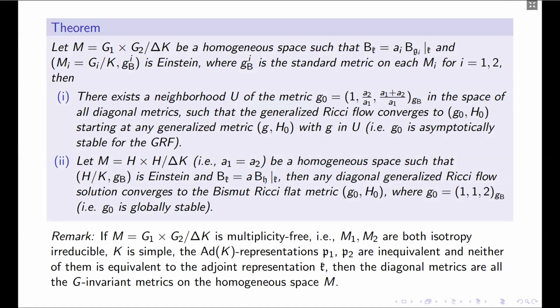There might be G1 different from G2 and not multiplicity free. It depends on K, right? Because you can have K non-simple, for example. Yes, I think you have to check all the conditions. Maybe P1 and P2 are going to be inequivalent, but you have to check what happens with K. Okay, thank you.